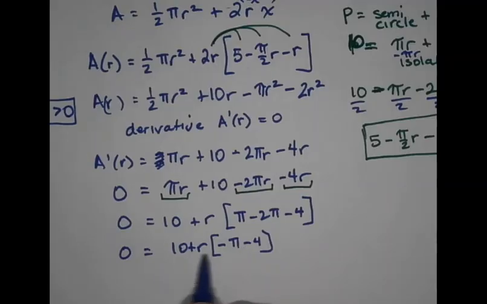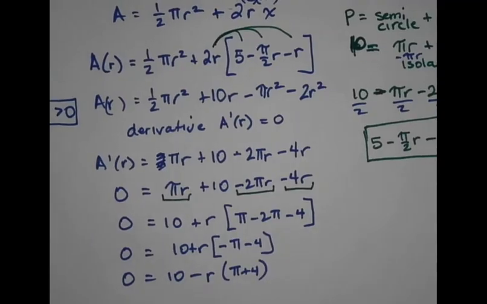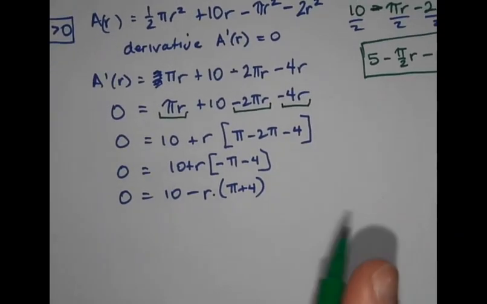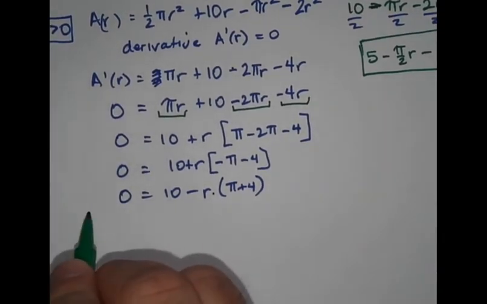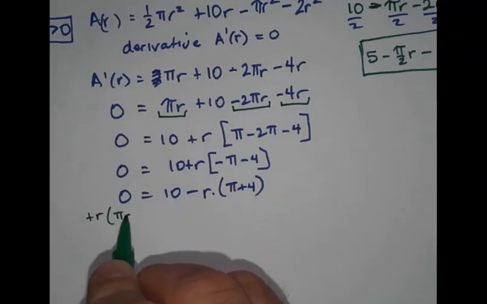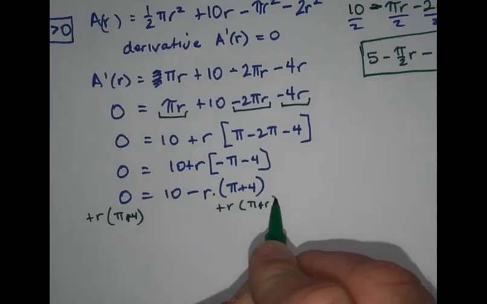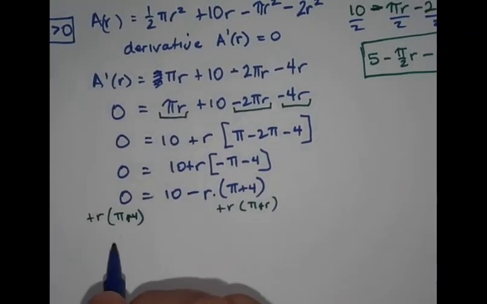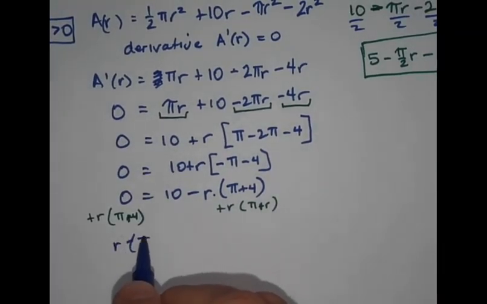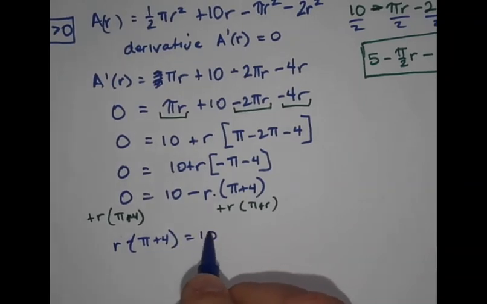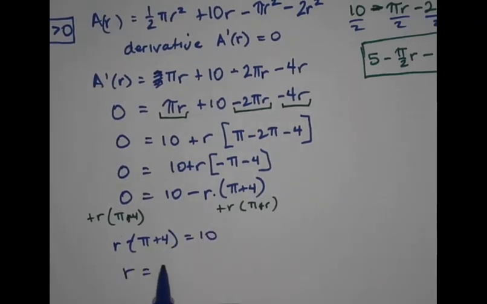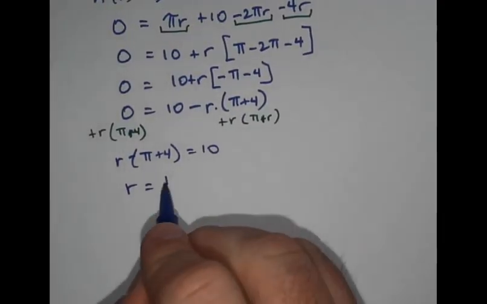Maybe we take a negative out of that one too. So 10 minus r times pi plus 4. Think about that still as multiplication. So we're going to add both sides. So r times pi plus 4 equals 10, and then I'm going to divide both sides by pi plus 4.